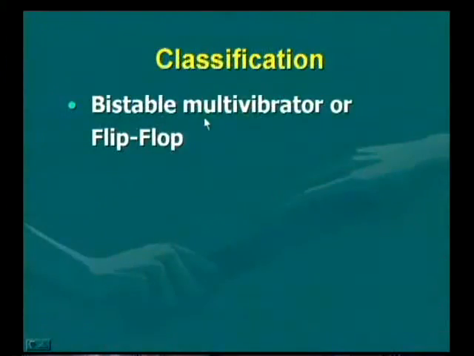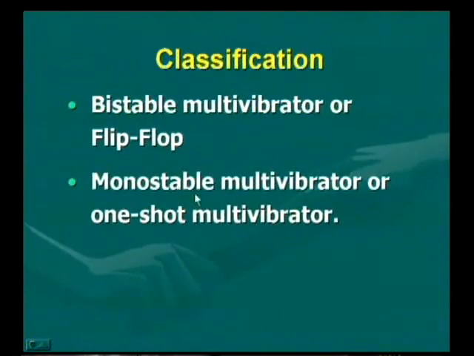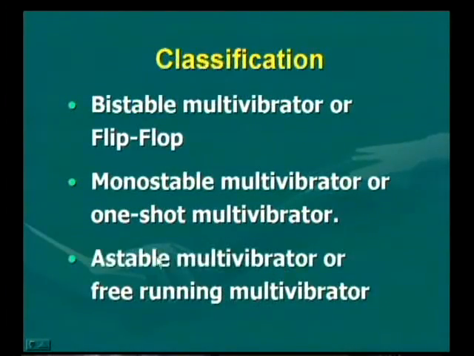The classification depends on how the output changes from one state to another. Accordingly, we have the bistable multivibrator or flip-flop, the monostable multivibrator or one-shot multivibrator, and the astable multivibrator or free running multivibrator.